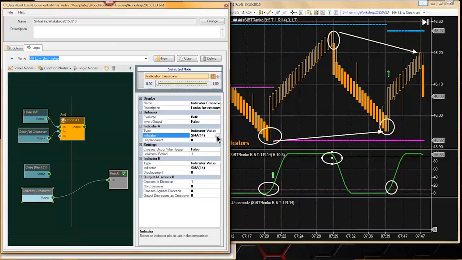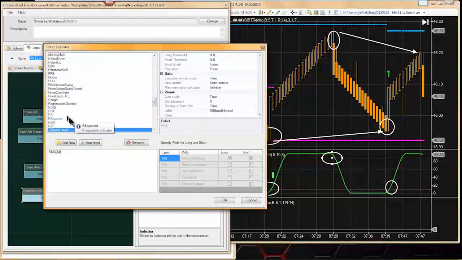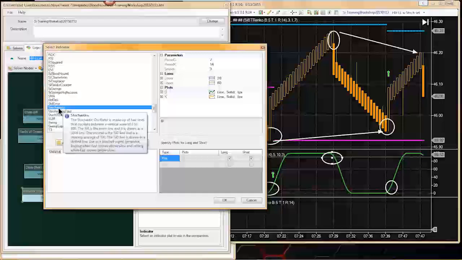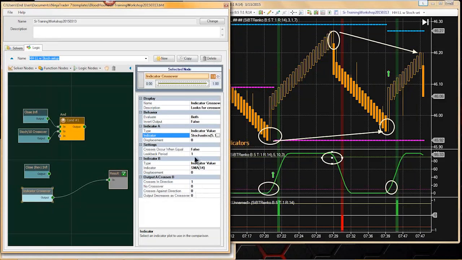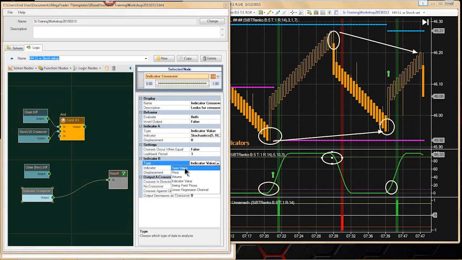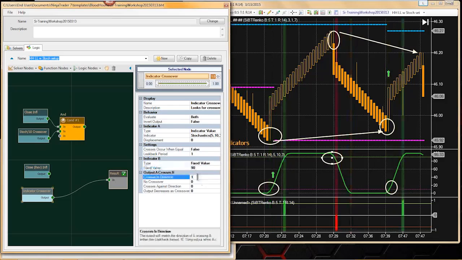Once again, I'm going to set indicator A to our stochastics. Remember to change the periods on the stochastics, and we're using the D plot. Then indicator B, we'll set to our fixed value of 90. So we're looking to cross that 90 threshold.